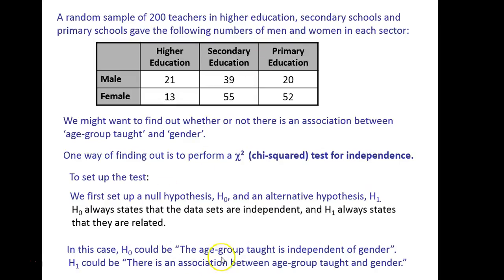So here's a good case right here. This is a good statement that would qualify as both points for a null hypothesis. So age taught and is independent of gender. And you can reword that a little bit, but just need to include the word independent, and you need to include the two items that are being compared to each other.